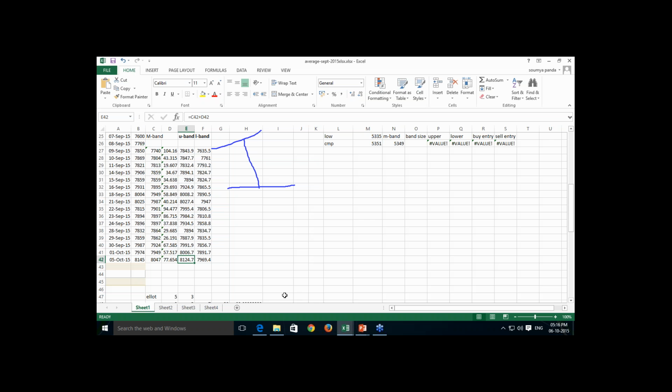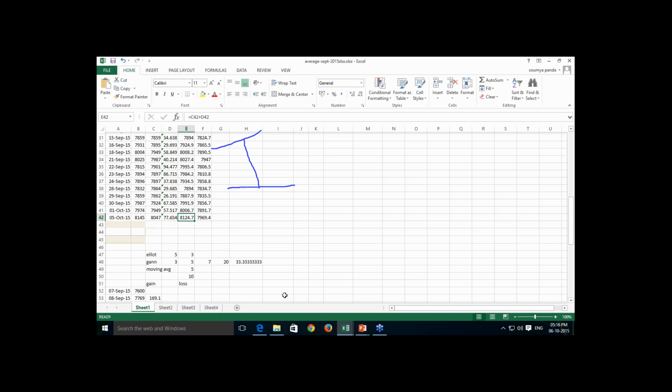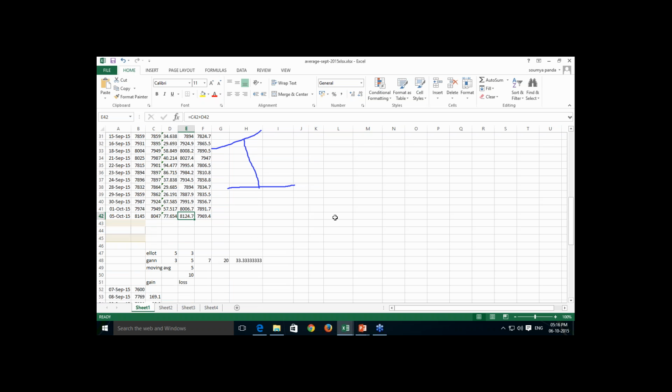Now we have to devise a method to enter a trade. For that, we have to take some clue from the previously available methods in Elliott, Gann and moving average. Elliott says that you have 5 waves and 3 waves, whether you call them ABC or 1, 2, 3, 4, it is entirely different, however, 5 impulsive waves and 3 corrective waves.